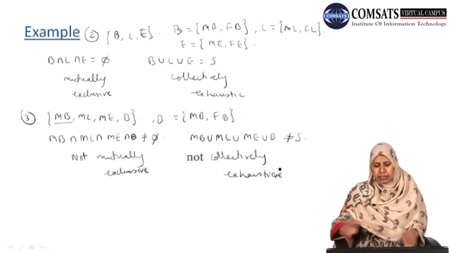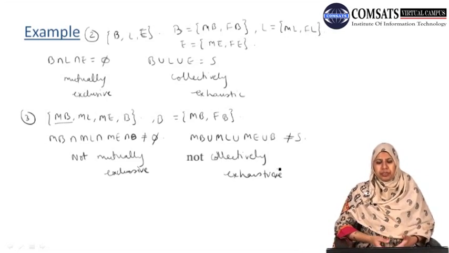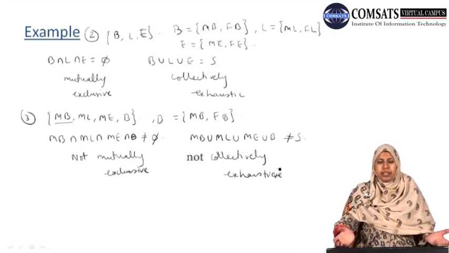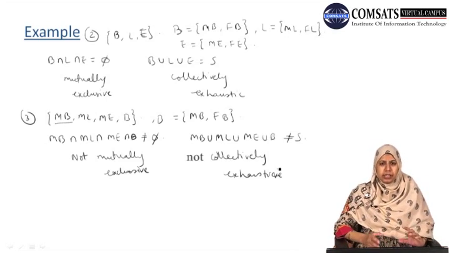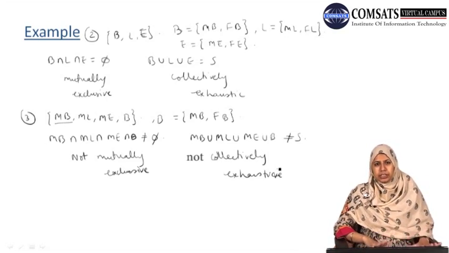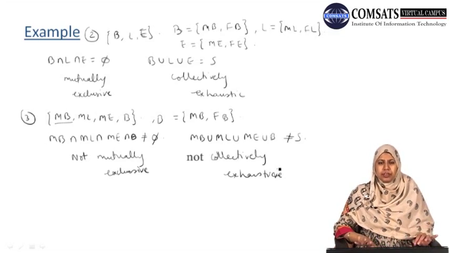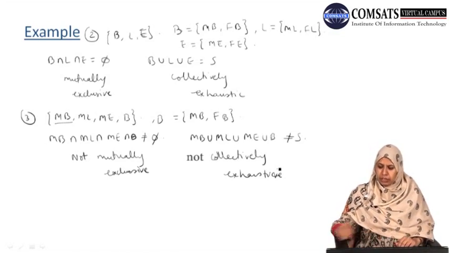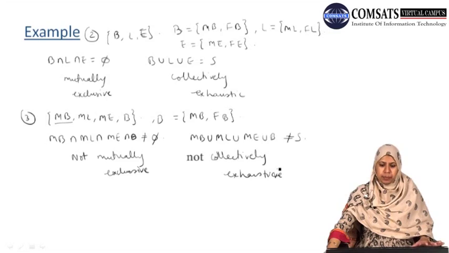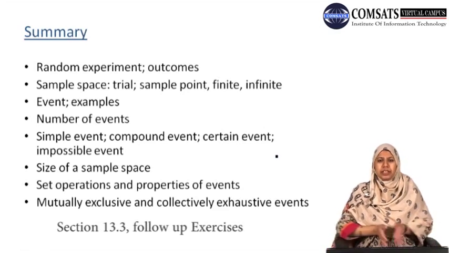So now we have seen the example in which we were given the sample space and different collections of events, and by taking their intersection and union, we have seen which particular events are mutually exclusive and which are collectively exhaustive. We end our today's lecture here, and let us summarize what we have studied today.